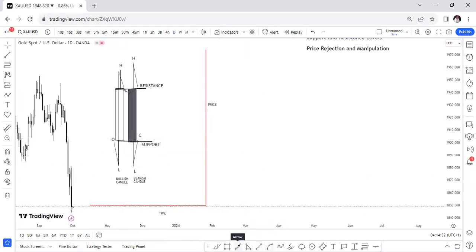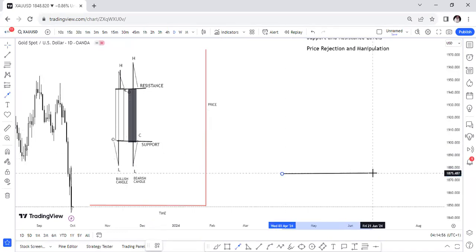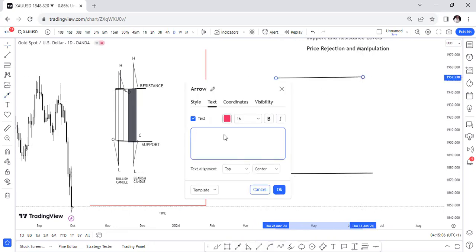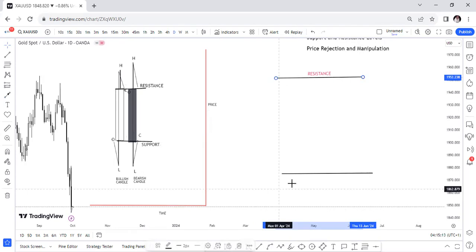if this is the support level, that's the floor or the bottom of the market, and this is the upper boundary, the resistance.